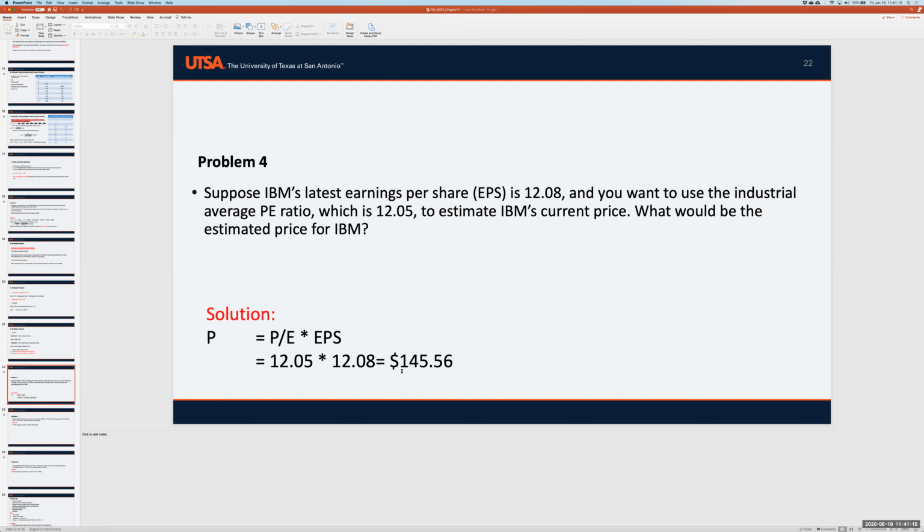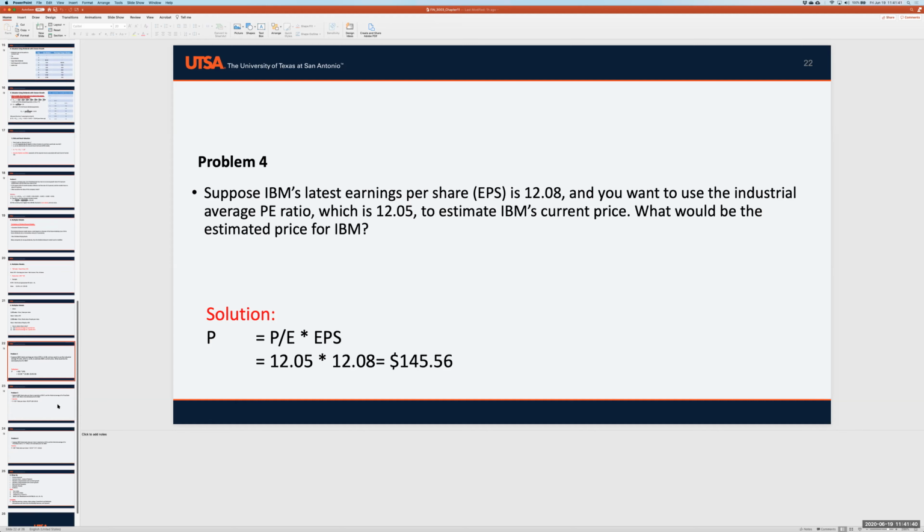It gives you an intuition or a benchmark or some signal. The company price should be around this value, because this is an average, right? It doesn't say this is exactly the IBM price, but it gives you some direction, some signal.